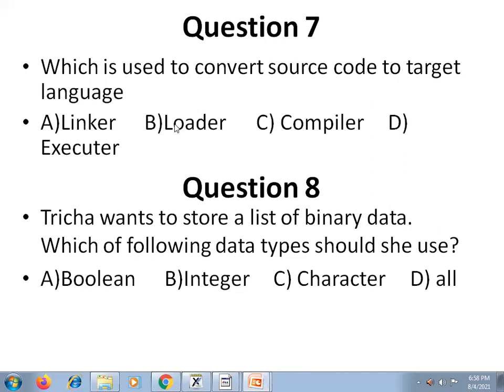Now, what about linker and loader? What will they do? The linker will link your source code with a library, because you are going to include some header files, no? Those header files' definitions are present in a C library. So your source program must be linked with that C library.